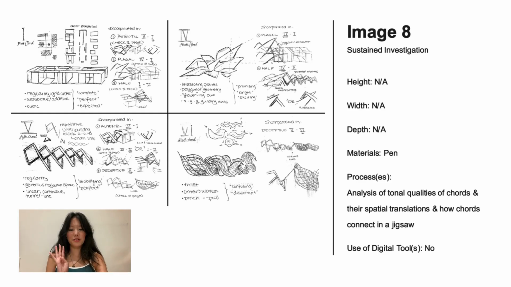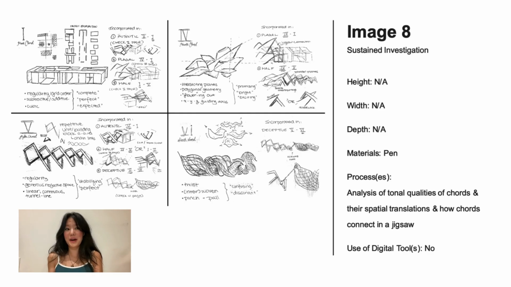Generally the four most common chords are the one chord, the four chord, the five chord, and the six chord. So I decided to listen to each of those multiple times and ask how I can translate this sound into a visual representation.